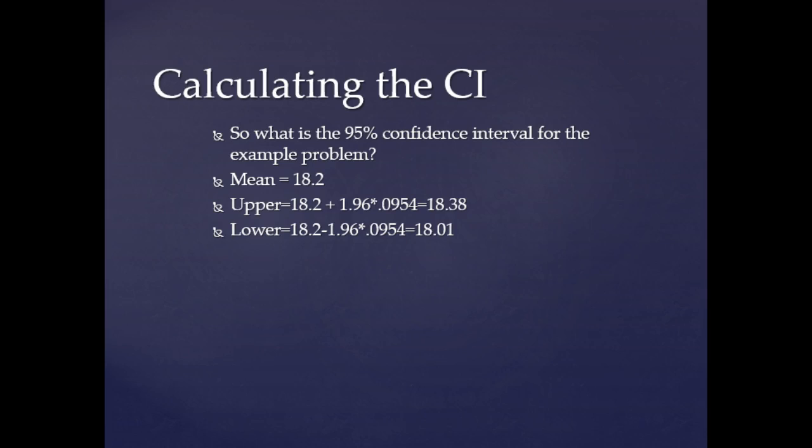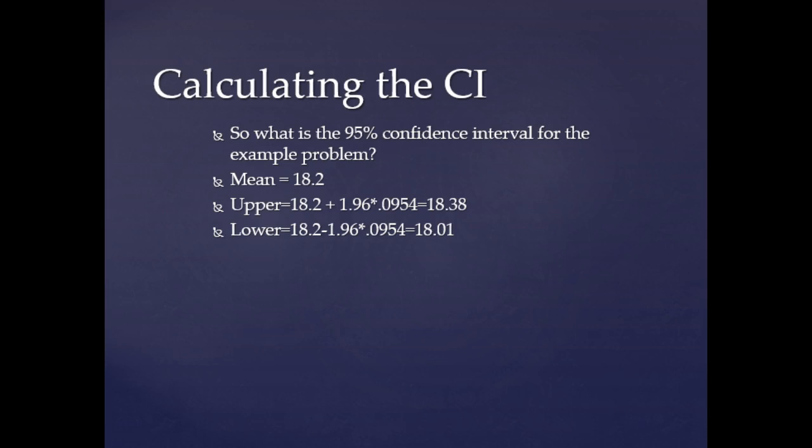So from the example of our data set in this video, our question would be, what is the 95% confidence interval for the example? So if the mean is 18.2, we would then reflect that as 18.2 plus 1.96 times the standard error of the mean, which was 0.0954, and that gives us 18.38.